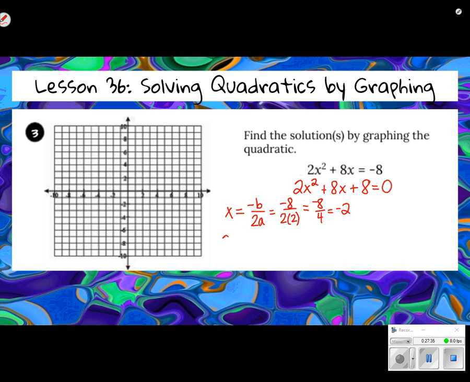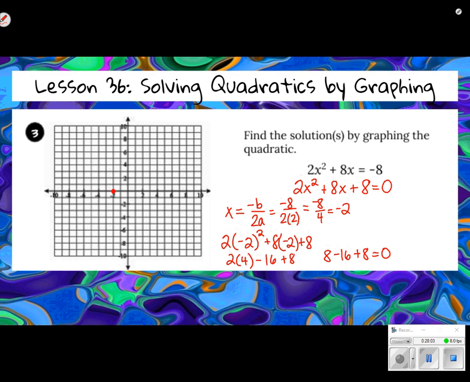Let's plug that back in. 2 times negative 2 squared plus 8 times negative 2 plus 8. That's going to be 2 times 4 minus 16 plus 8. So that's 2 times 4 is 8. 8 minus 16 is negative 8. Negative 8 plus 8 is 0. So I'm at negative 2, 0 right there.